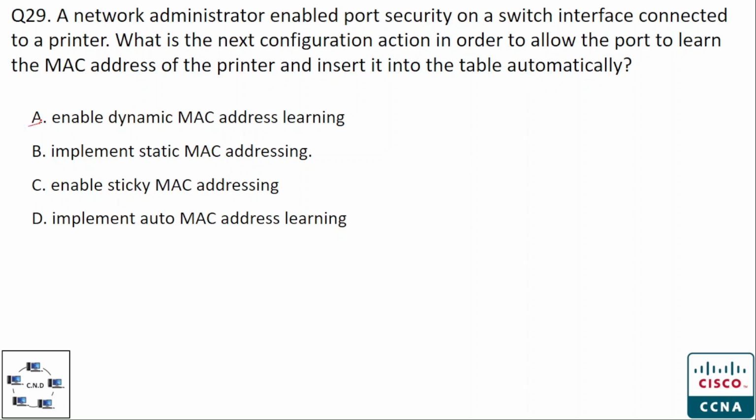And the options are option A, enable dynamic MAC address learning. Option B, implement static MAC addressing. Option C, enable sticky MAC addressing. And option D, implement auto MAC address learning. And the correct option is option C, enable sticky MAC addressing.